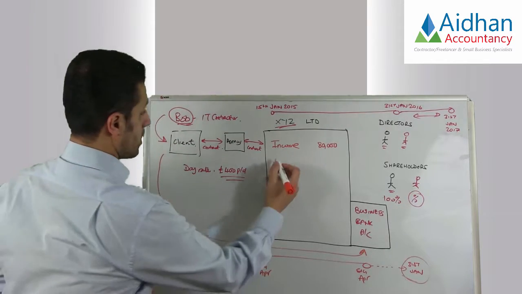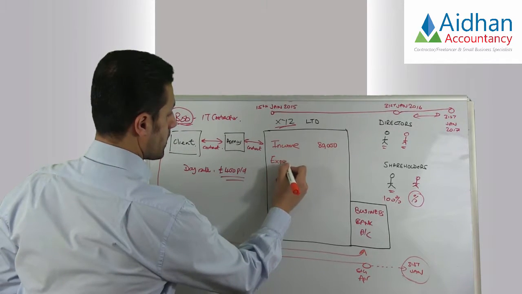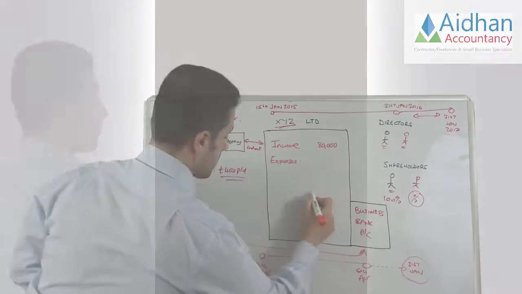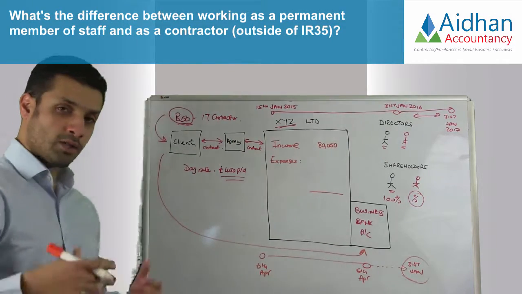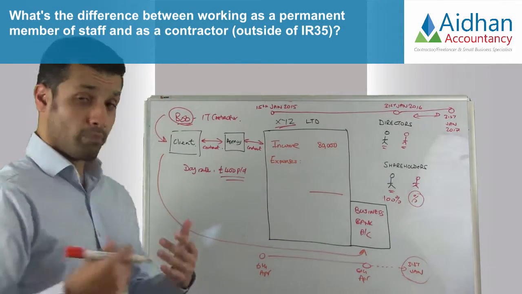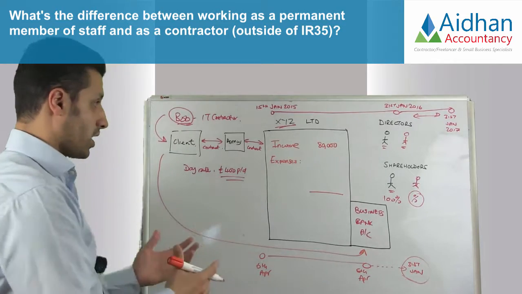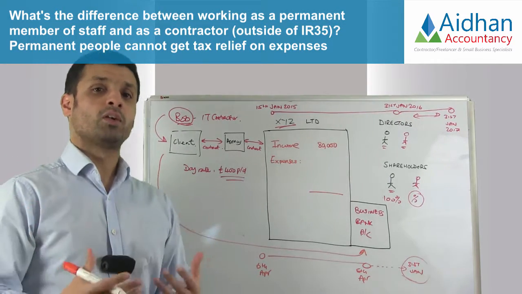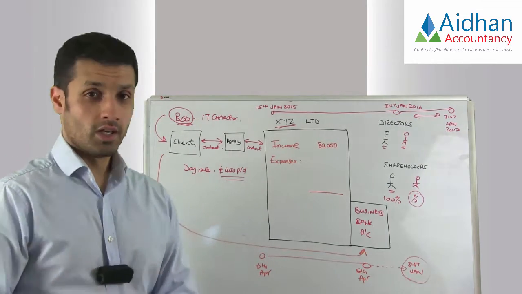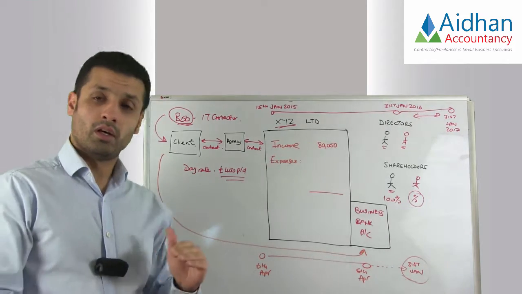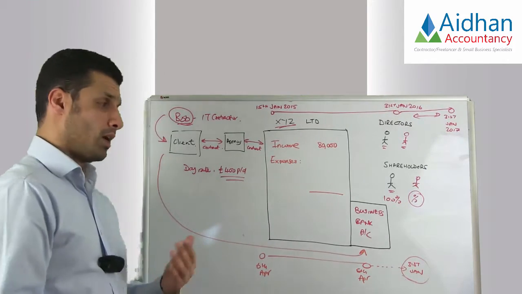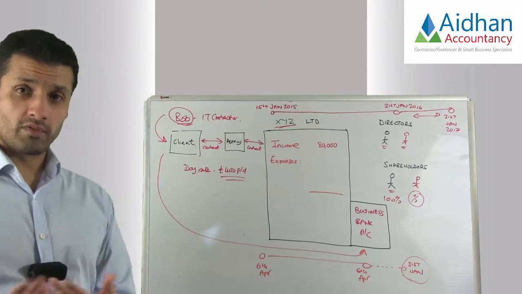Now, the next part is Bob will also incur expenses. The difference between working as a permanent member of staff and as a contractor is that permanent people cannot get tax relief on expenses. We're going to go through the typical contractor freelancer expenses, and let's take one as an example: travel expenses.